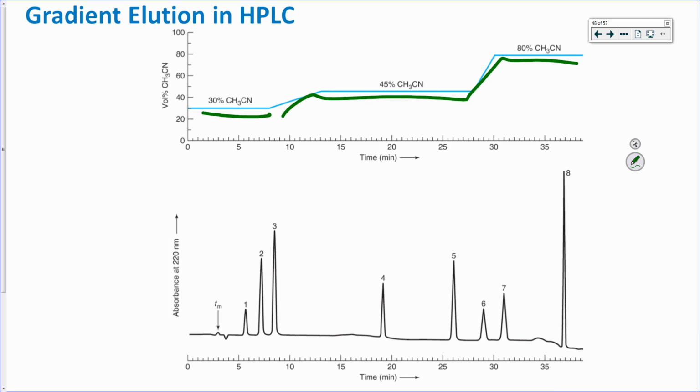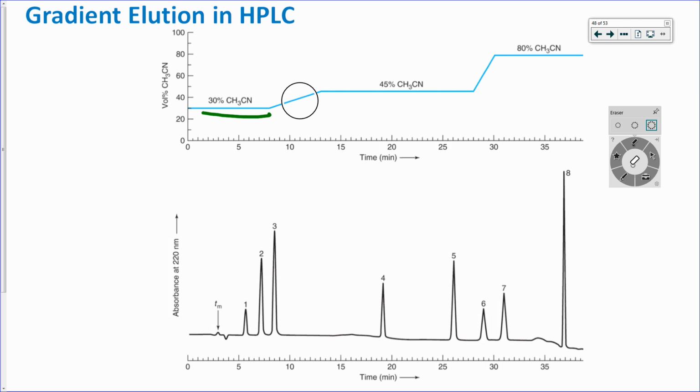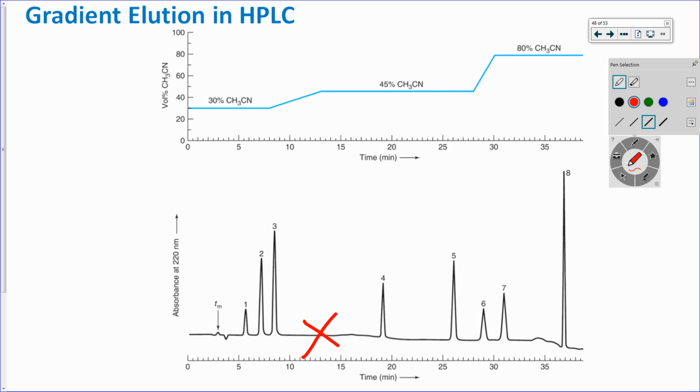So this is the presentation in our textbook the authors used. And I'll tell you, if I were to have taken this to my boss in industry, he would have said, "You're crazy, because you got way too much space in here." The author's proud of the separation, and I'd tell you this is a waste of solvent. Okay?